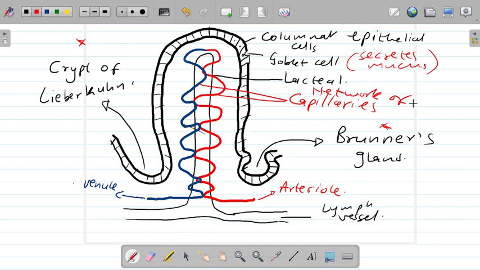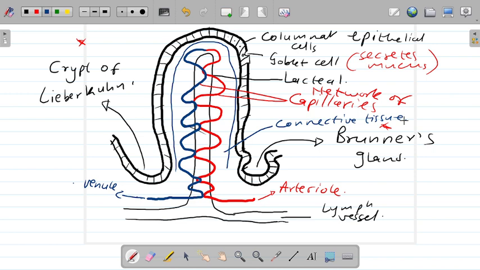And obviously, in the middle over here, you'll have some tissue called the connective tissue.